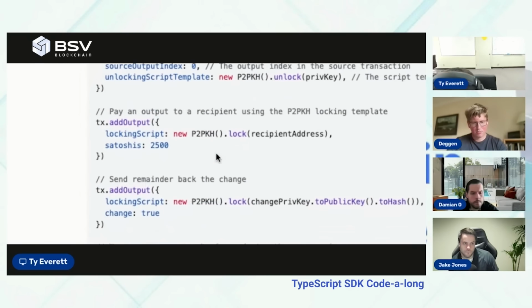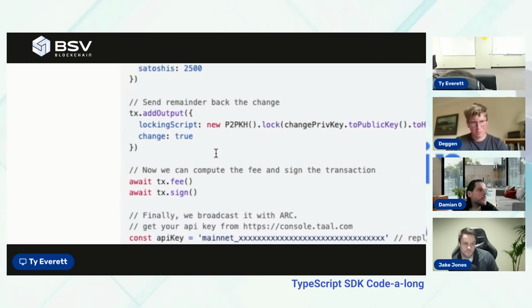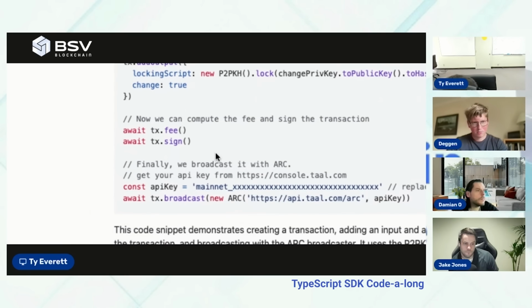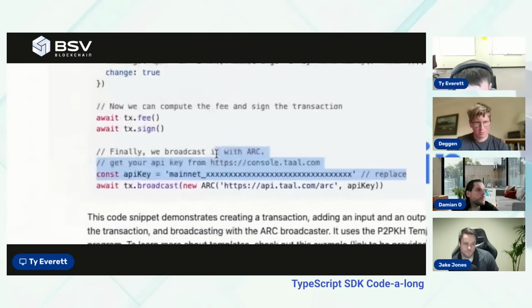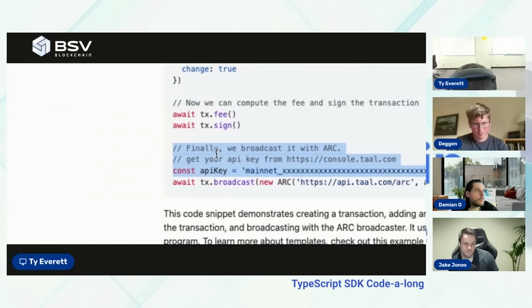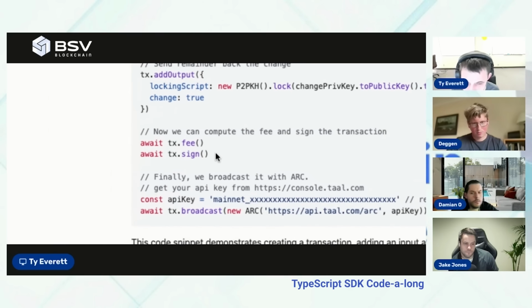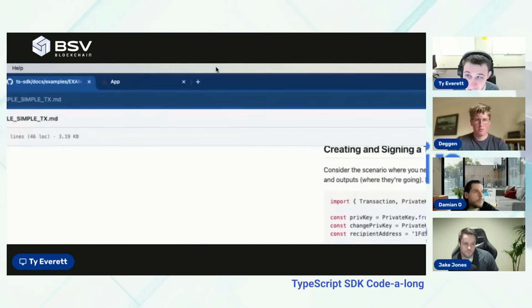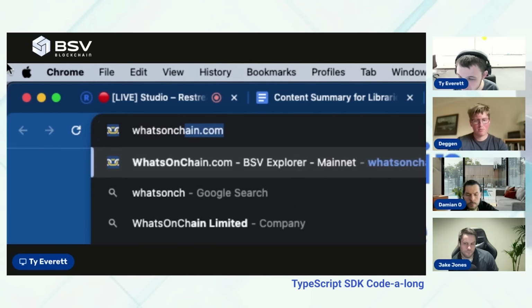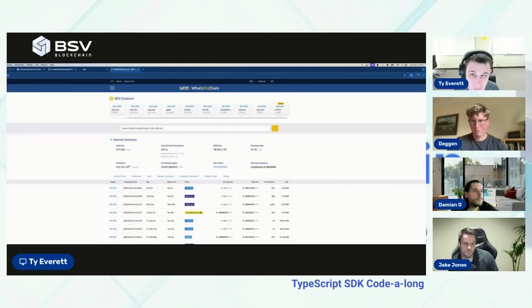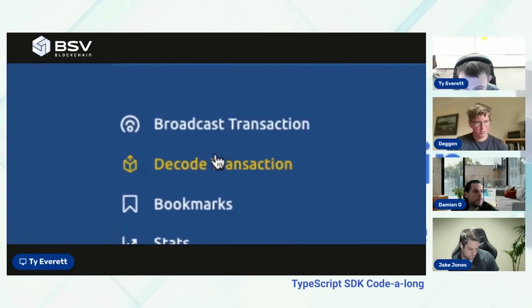Should be able to sign and send. Fee, sign, and this is required for broadcast. But what we'll do instead of broadcasting is dump it to hex and then go to what's on chain and broadcast it using the utility they have for that. Might be the easiest because we'll have a hex string.